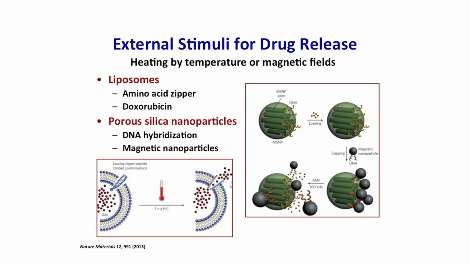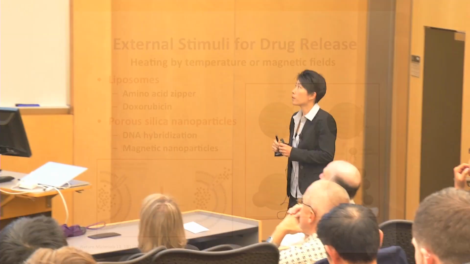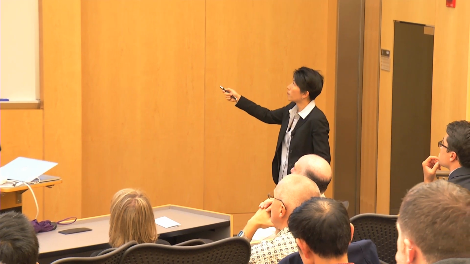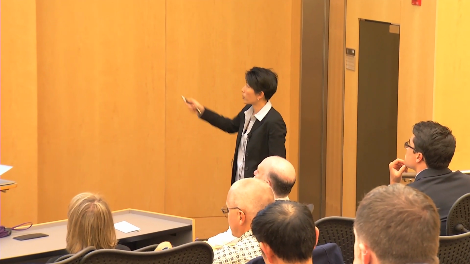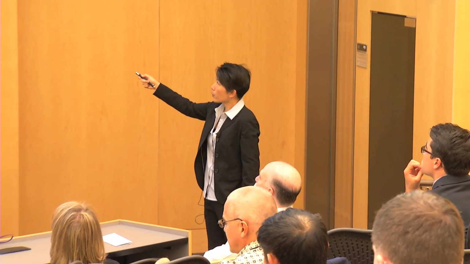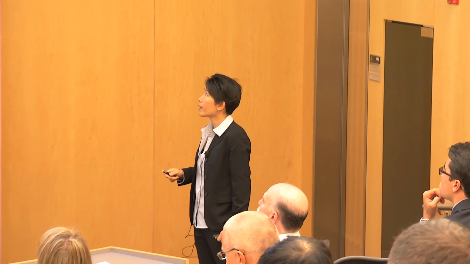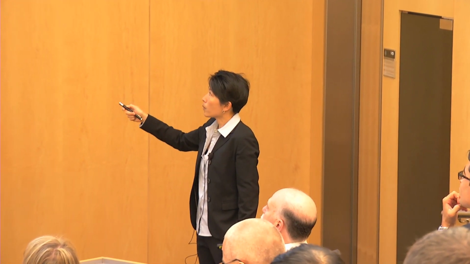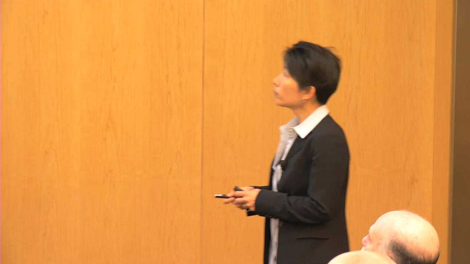So you've basically plugged up all of the drug inside this mesoscale silica particle. What you can then do is apply an alternating magnetic field. It's at this type of frequency, which produces enough heat that the DNA can dehybridize, which can then result in release of the drug. So you can imagine there are a lot of different strategies that can be evolved for external triggering of drug release.